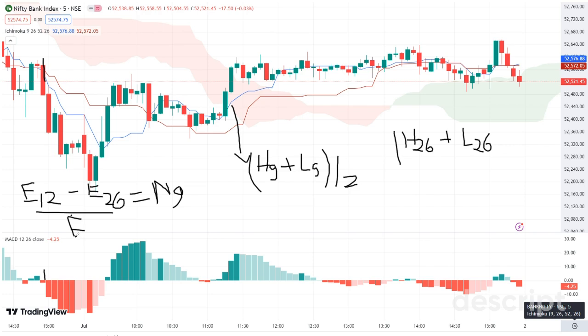So this is the MACD. It works on EMA, it is very fast, and it works very strongly at a reversal of the trend. This is the best indicator to adopt when the trend is reversing.